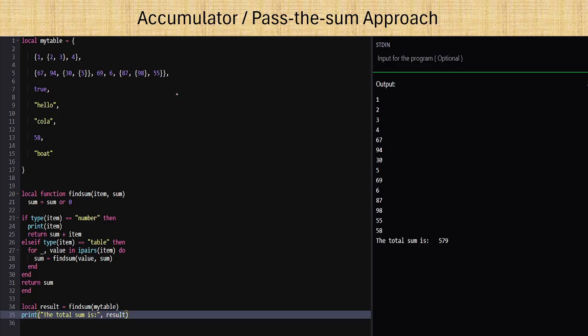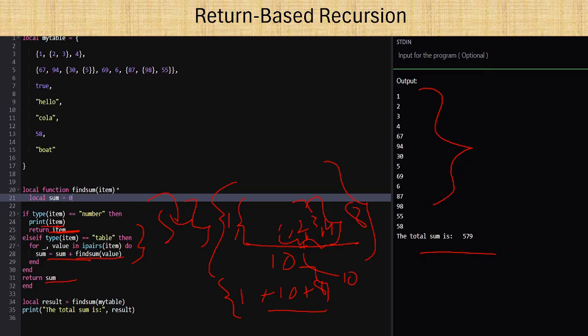We'll move to table 2. In this method, as you can see, we have created two parameters inside the function: one is the item and another is the sum. Last time it was only one parameter, that was item, and we created a local variable sum, which keeps updating and adding all the values inside the nested table, then prints the final sum.